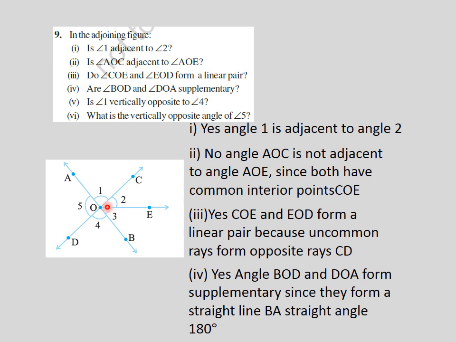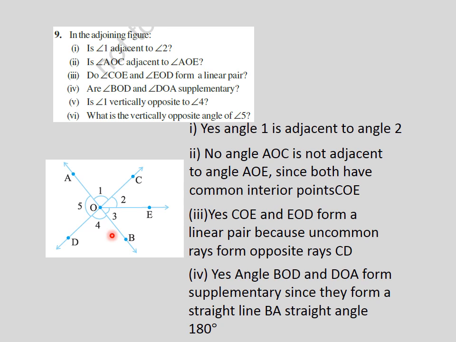COB is vertically opposite of 5, isn't it? Because you have intersecting lines. If you add 2 plus 3, it becomes equal to 5. So the vertically opposite angle of 5 is angle 2 plus angle 3, or angle COE plus angle EOB.